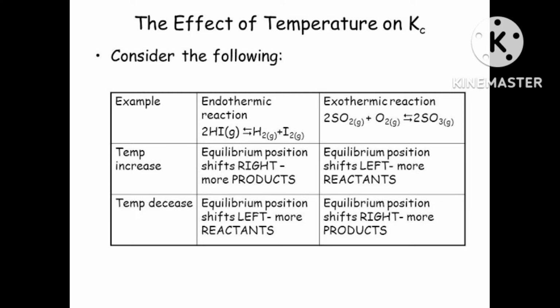Means ferric you are removing. Oxalic acid will react with ferric ion and form a stable complex, FeC2O4 whole 3, and the complex will have 3 negative charge. This is the complex ion having 3 negative, thus decreasing the concentration of free Fe3 plus ion.